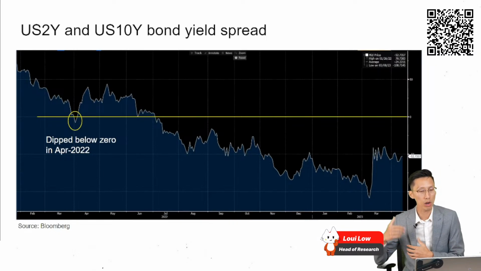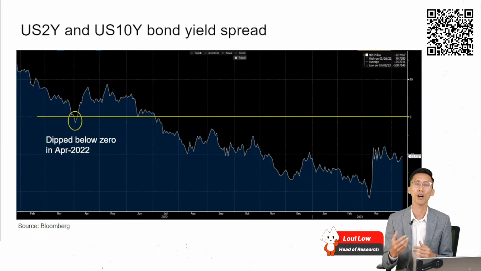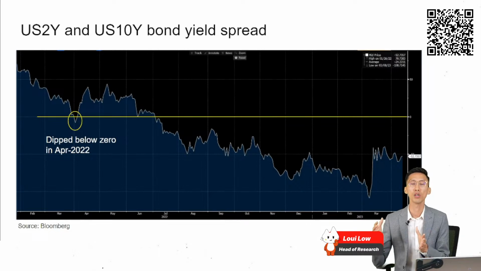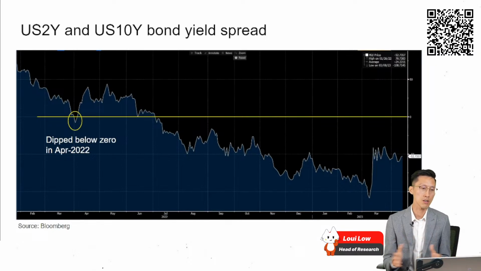So right now I want to point to you another indicator to say that we are in a potential recession phase. I'm not fear-mongering or anything. This is just based on a statistical approach. If you look into the 2-year and 10-year bond yield spread, it is below the zero level.